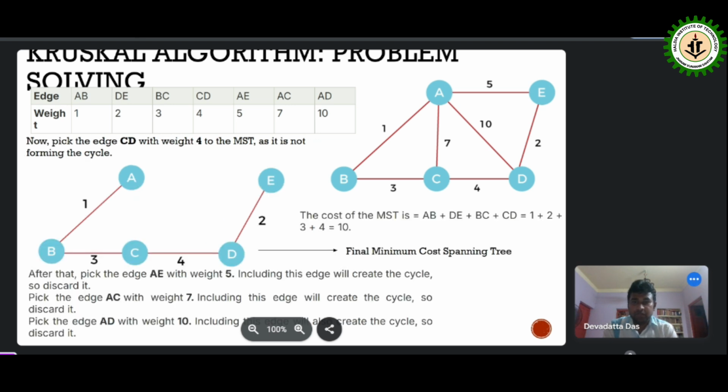In a similar way, I'm adding the edges and creating a graph that will not create a cycle. So that is the spanning tree. Now I'm calculating the cost of the minimum spanning tree by addition of all the edges I have taken for drawing the graph. So the cost of the minimum spanning tree would be 10.